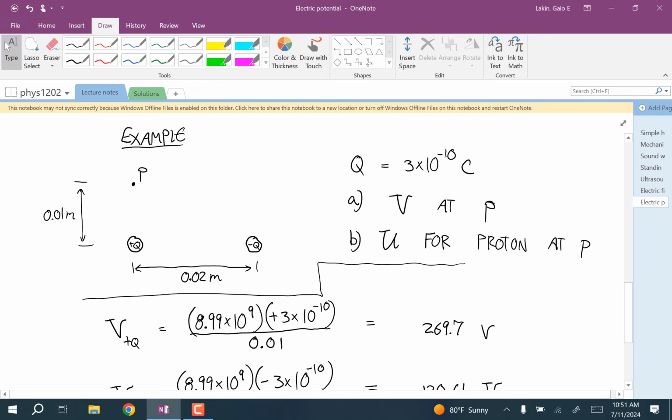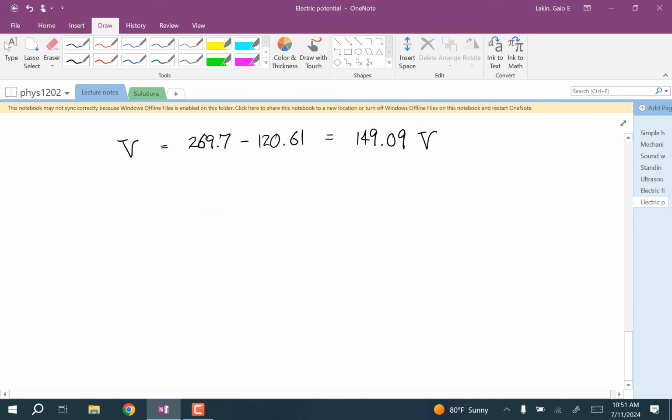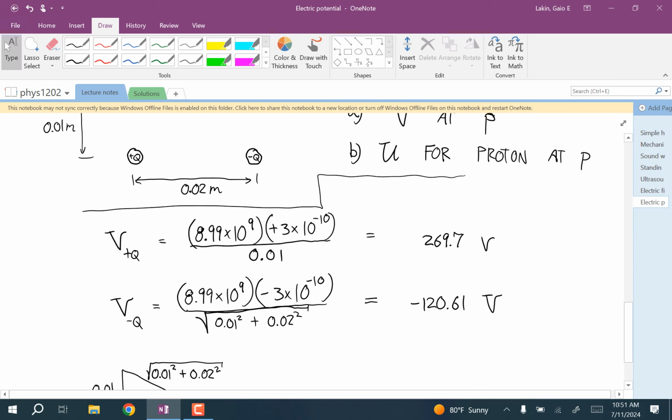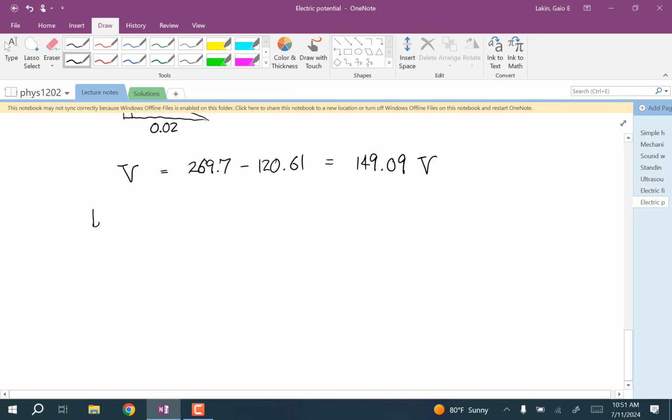Okay, so now that we have the electric potential at that point, we want to figure out the potential energy for a proton that's at that point. So this is A. And now for part B, we're just going to use the fact that the potential energy is equal to the electric potential times the charge of the particle.